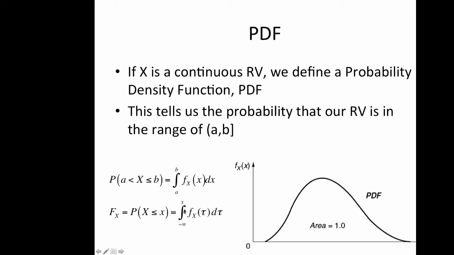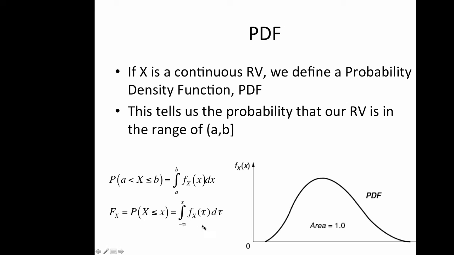This is equal to the integral from minus infinity up to the value x that we're interested in of f sub x, and in this case we don't want to confuse this x with this x up to a certain value, so let's just say tau, d tau, where this describes what our probability density function looks like.